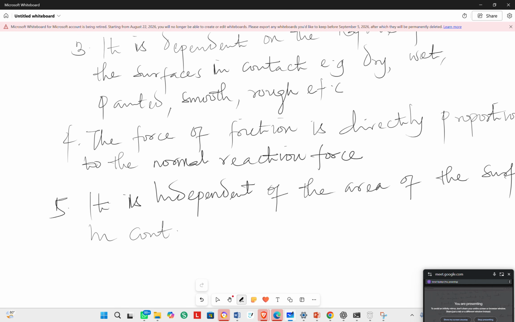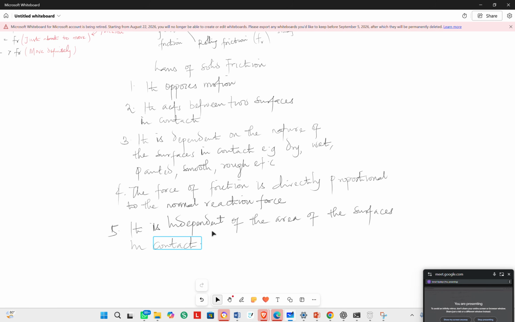So these are the laws of solid friction, and you must be familiar with them.